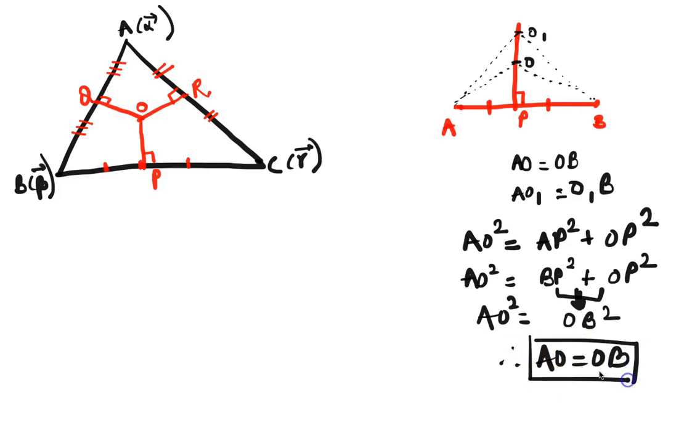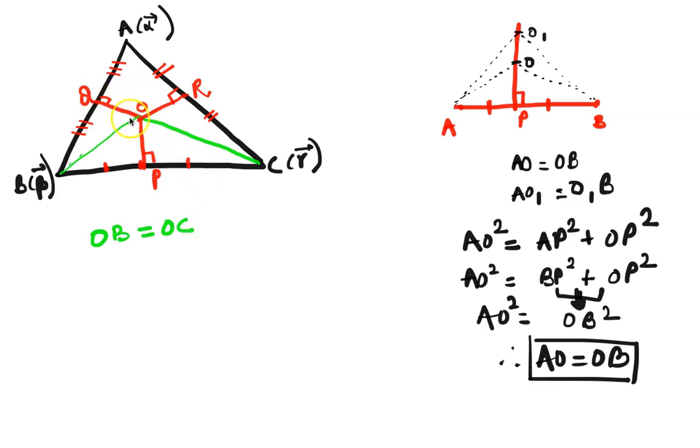So for any point on the perpendicular bisector, the line segments from that point to the ends are equal. What does that mean in our triangle? This point O lies on the line which bisects BC. So if I join this point and this point, we have OB equal to OC.